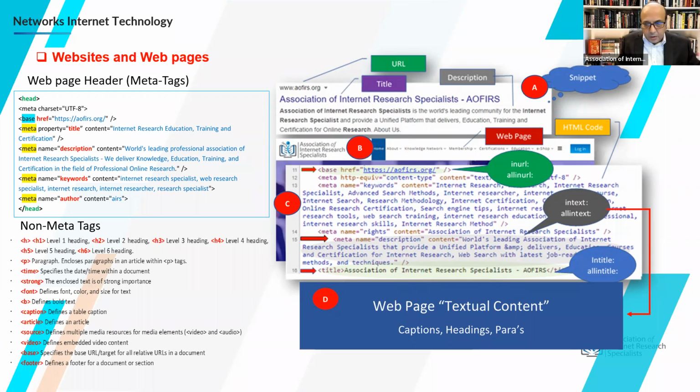Okay. So one of the drawbacks of doing a search with in title is that it would not work with the type of words that don't exist in the title tags of those content pages.